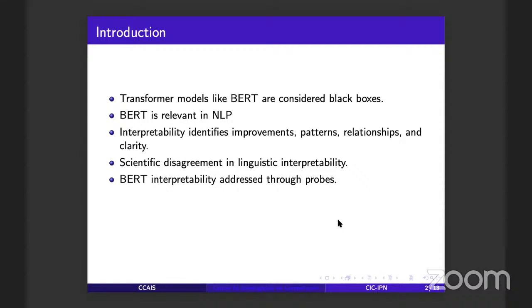In this research project, I realized that there is a lot of scientific disagreement in linguistic interpretability. Most of these works focus on probes in the supervised learning method.